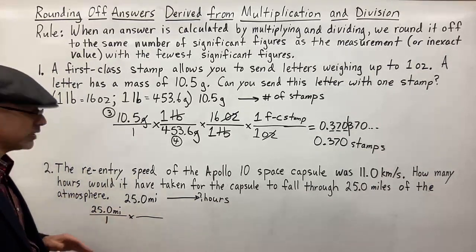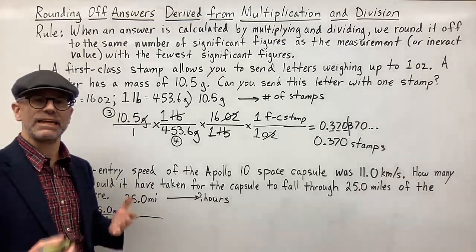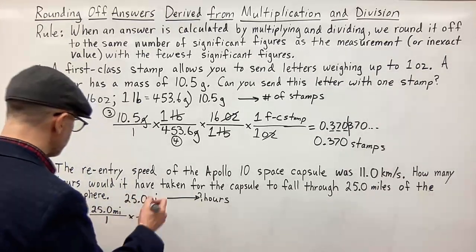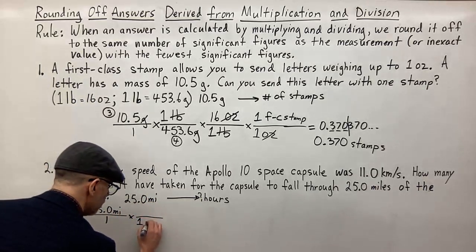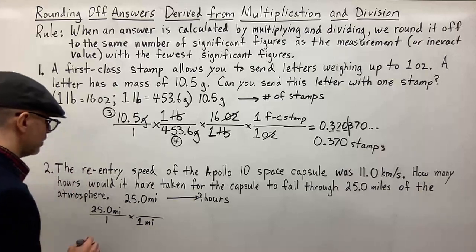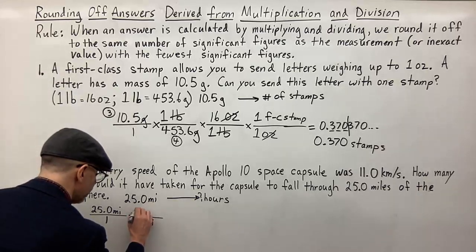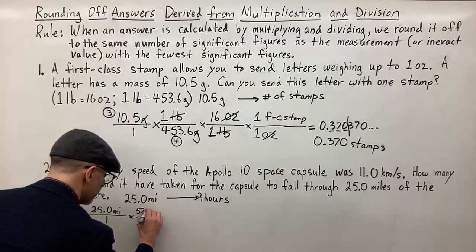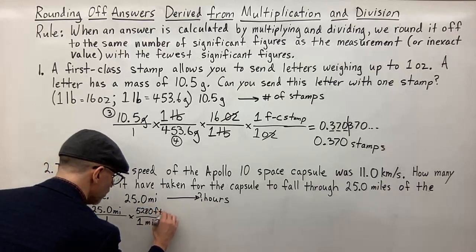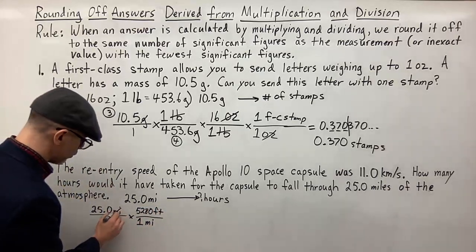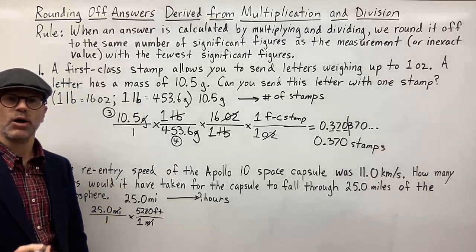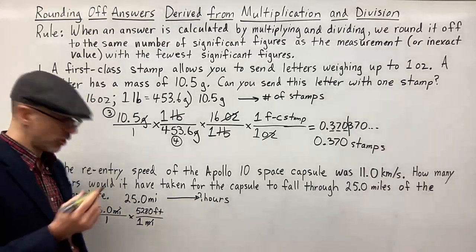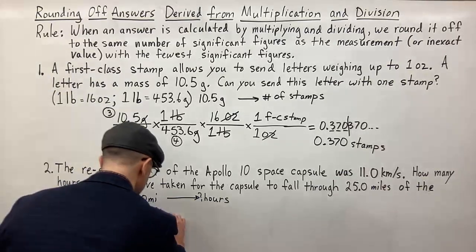I know that 5,280 feet are in a mile, so I'm going to use that. 1 mile goes on the bottom, and 5,280 feet goes on top. So miles cancels out, and now I have feet. I know 12 inches are in 1 foot, so I'm going to use that to convert feet to inches.